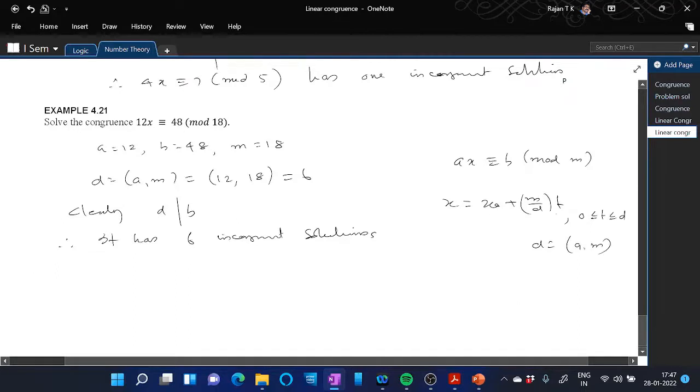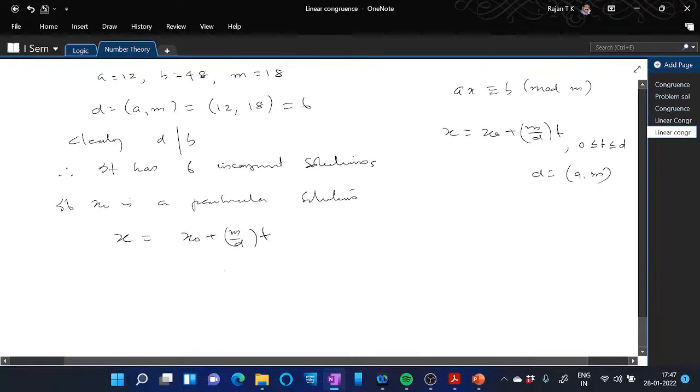Here D is 6, and therefore if x0 is a particular solution, which we will find later, the general solution is given by x = x0 + (M/D)t, which is equal to x0 + (18/6)t, where 0 ≤ t ≤ 6.